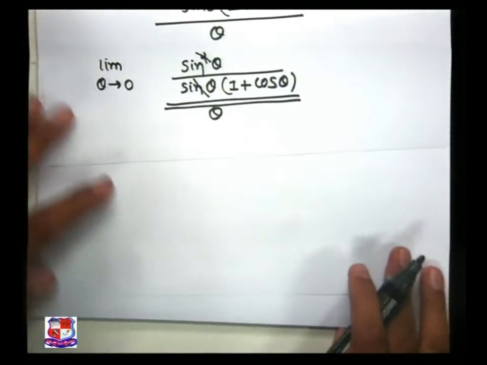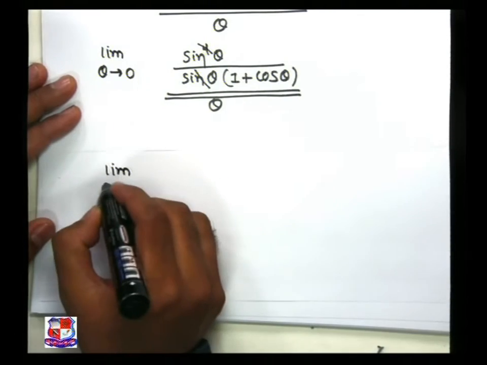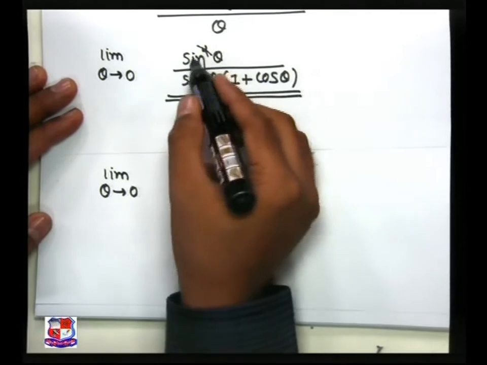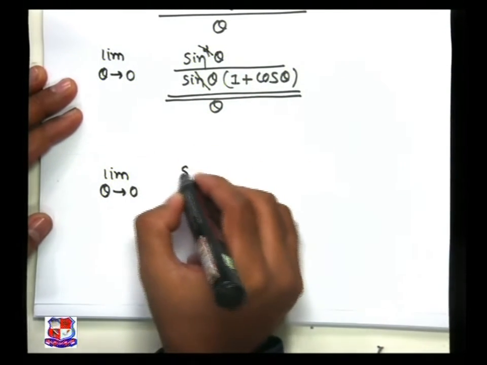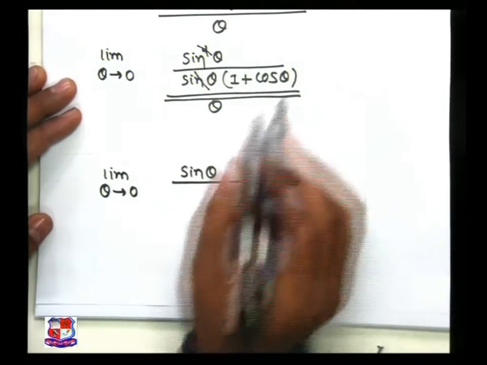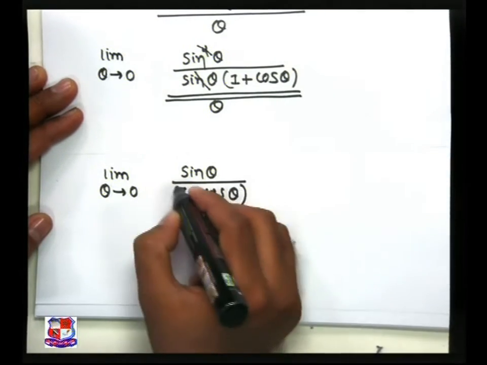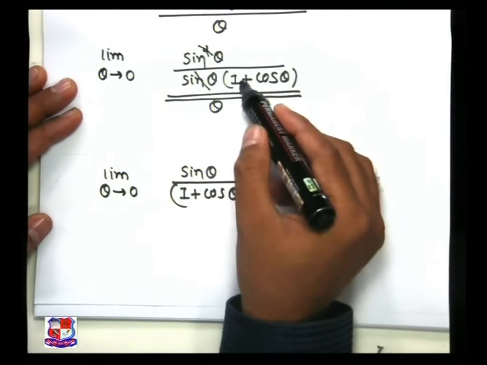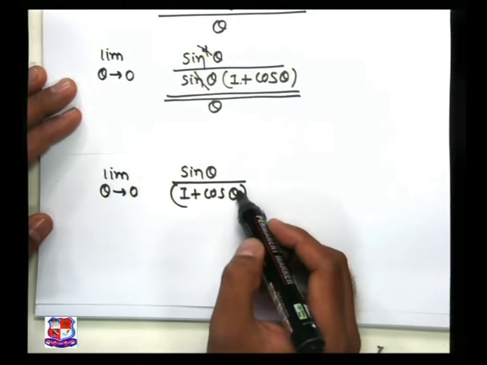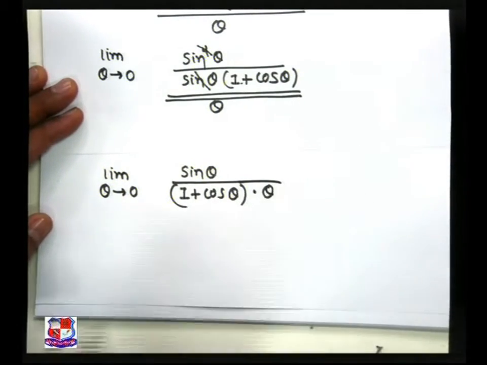Just write it again, the simplified form of our numerator: limit theta tends to 0, the remaining value is sin theta, divided by 1 plus cos theta. This 1 plus cos theta, which was in the numerator's denominator, we now call in the denominator side, and the remaining theta is as it is, into theta.